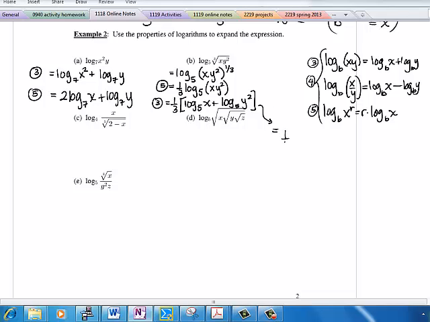So we could have 1/3 times the log base 5 of x plus 2 times the log base 5 of y. So that's again using property 5, and then if we want to, we could expand that or distribute the 1/3. 1/3 log base 5 of x plus 2 times 1/3, so 2/3 times the log base 5 of y.